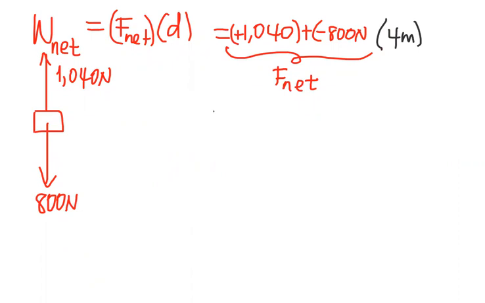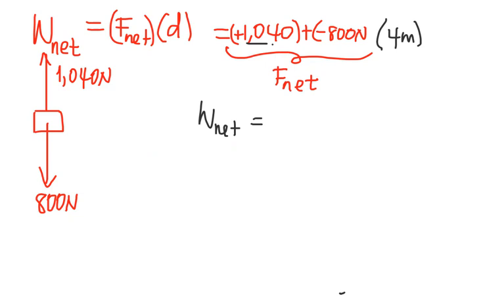Now the work done by the net force, our net force here, will be 1040 minus 800, that is 240, then times 4.